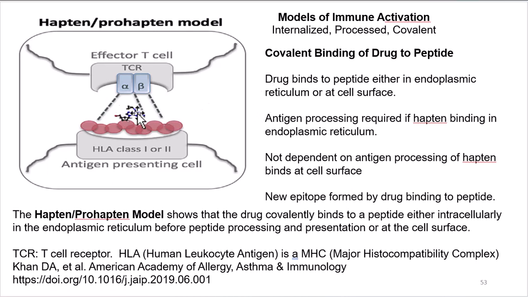It's that a piece of the drug, normally a metabolite, gets covalently linked to the peptide. And then that gets presented by the MHC class 1 or 2. And this is nice because it's a covalent link, which means once it happens, it doesn't dissociate.